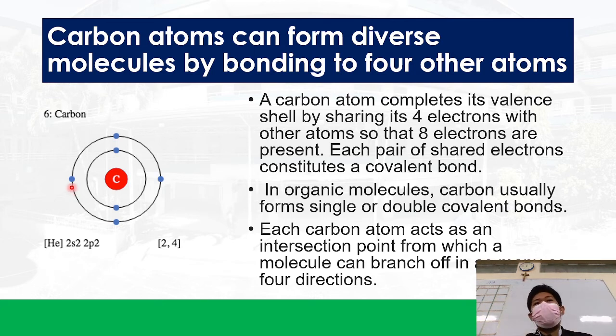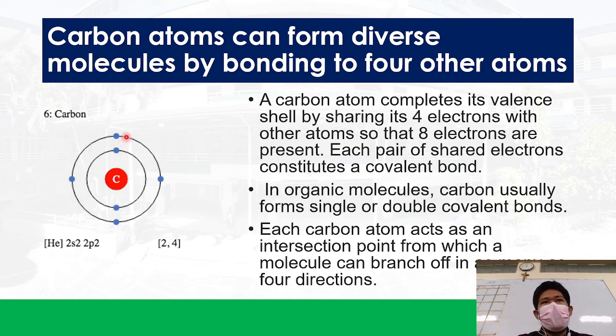When that happens, it could form more and more molecules. Each carbon atom acts as an intersection point from which a molecule can branch off in as many as 4 directions. When you say 4 directions, it usually has something to do with single covalent bonds. One electron from another atom is paired at each of these points.